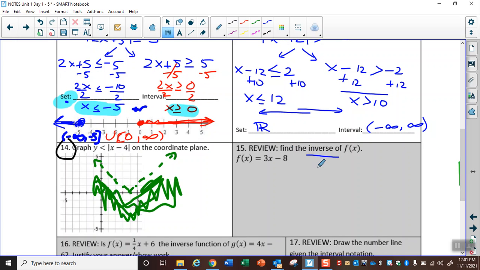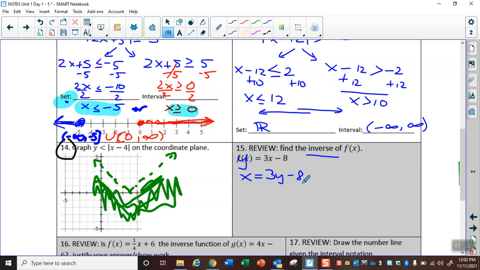Finding the inverse. Remember, you make this be a y, and the inverse is where your domain and range are switched. So I make the f of x be a y, and then I'm going to rewrite it as x equals 3y minus 8. See how the y turned into an x and the x turned into a y.